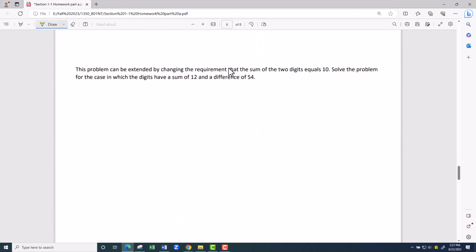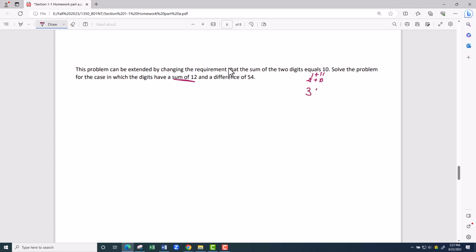Now we can switch this up to have, instead of two digits that equal 10, now let's have a sum of 12. So if we have to have a sum of 12, if we think about 1 plus 11, 2 plus 10, well, notice this would cause us to have 3 digits, so we can't include those.